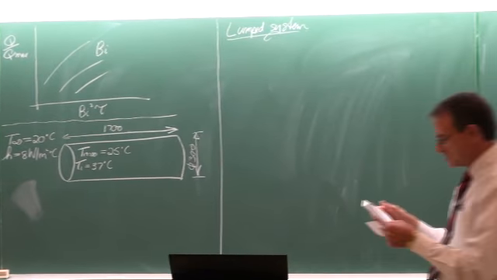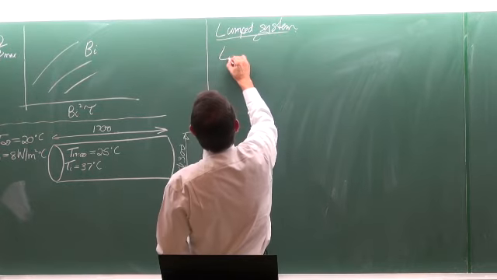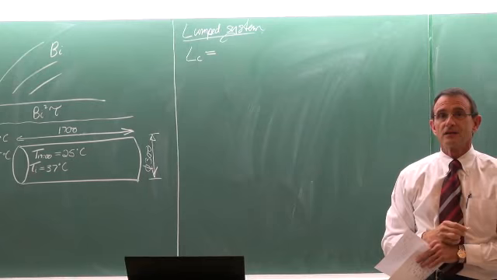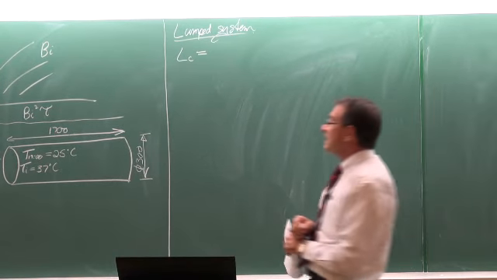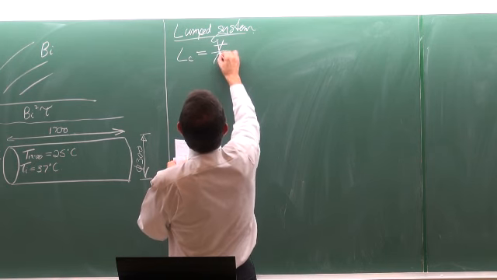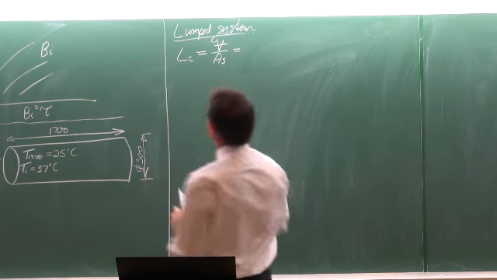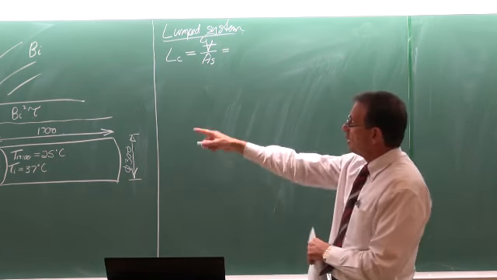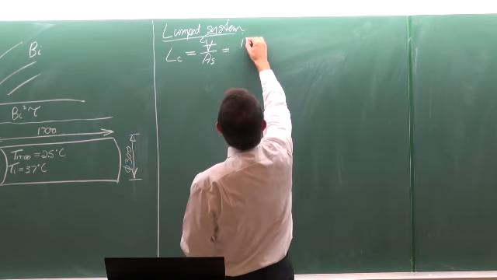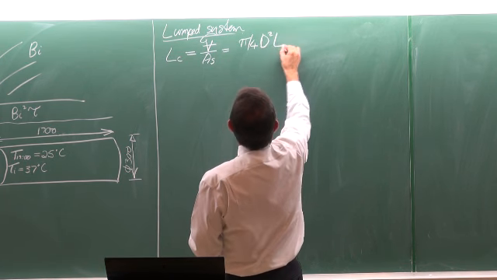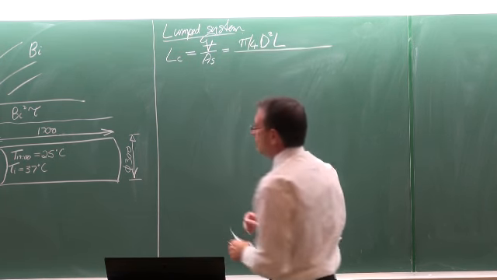In terms of the lumped system approach, we've said that let's start by calculating the characteristic length. The characteristic length would be equal to the volume divided by the surface area. The volume is equal to pi divided by 4 multiplied by the diameter squared multiplied by the length.